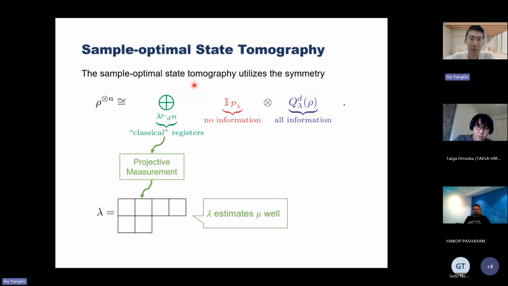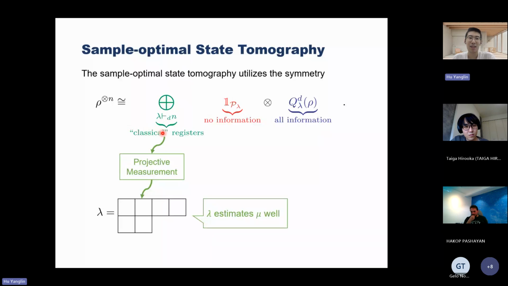Okay, so there is a sample-optimal state tomography that uses the permutation symmetry. So remember that rho tensor n is equivalent to this direct sum of identity tensor product rho, this Q lambda subspace, where this identity contains no information on the state, and this Q lambda subspace contains all the information.